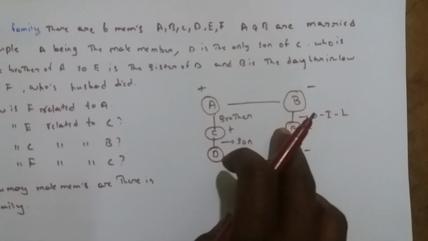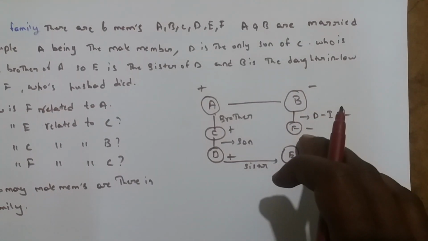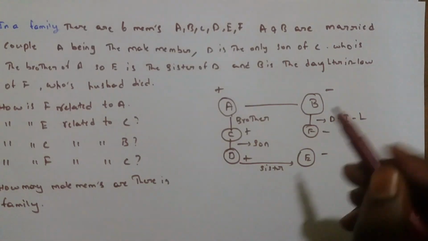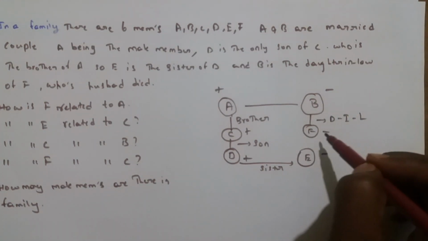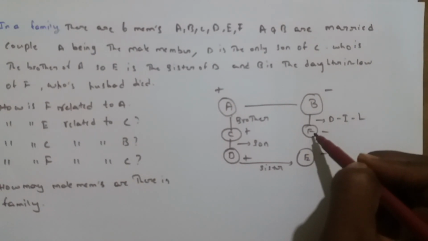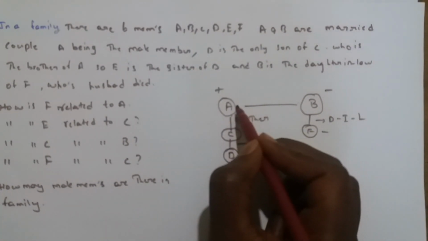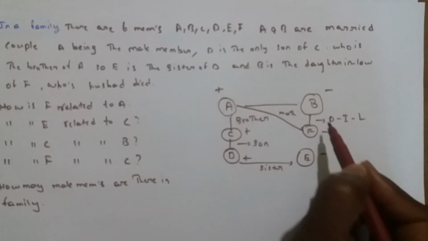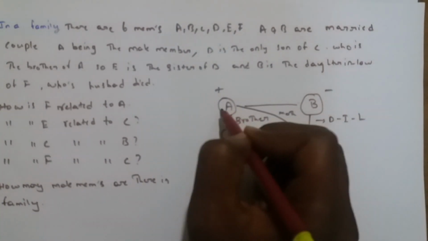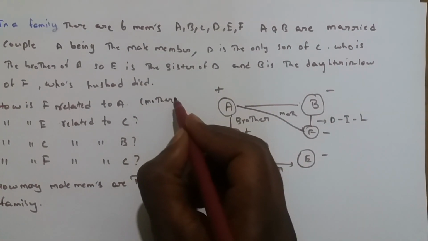Now see here, how is F related to A? A is a male, B is the female, and B's mother-in-law is F. B is the daughter-in-law of F, which means the husband's mother becomes mother-in-law. So A is related to F as son, and F is A's mother.